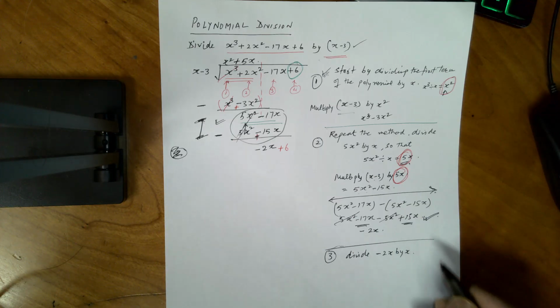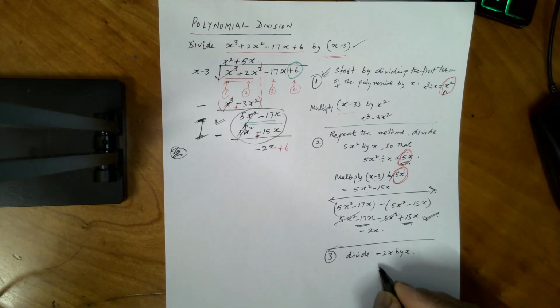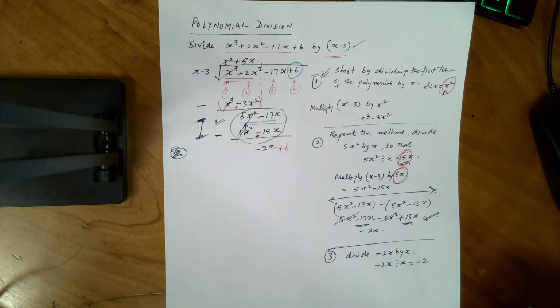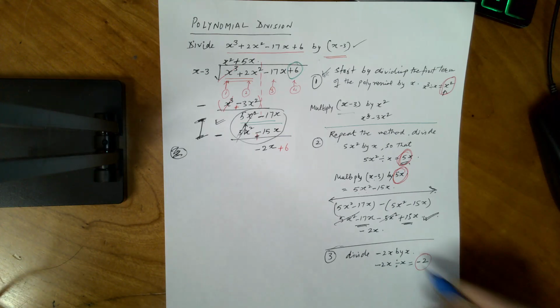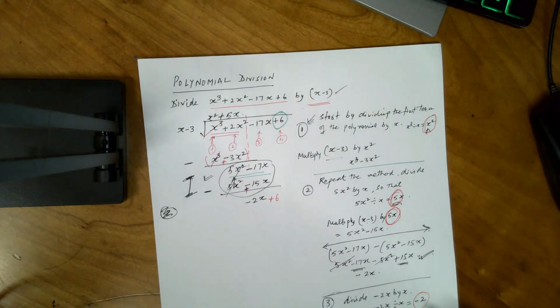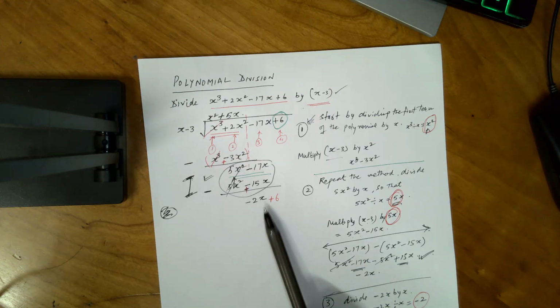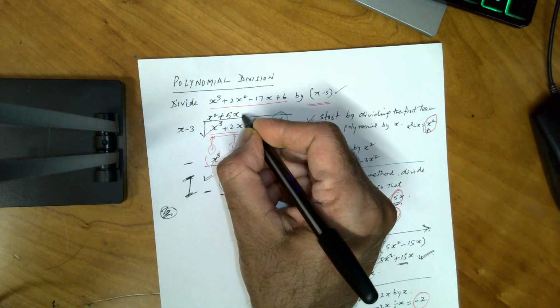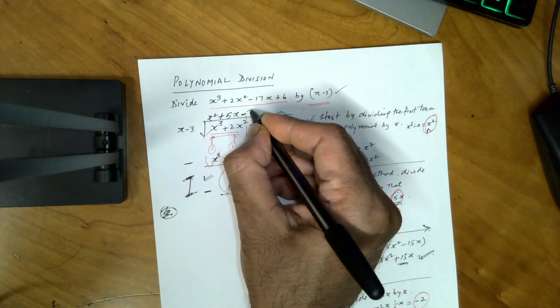What you will get, let's do this: minus 2x divided by x will give you minus 2. Got it? Now, soon as you do this, you know it's minus 2 here. So this minus 2 you take straight away there, because that is what we will work with in order to get minus 2x here. So that goes here, that is your minus 2.